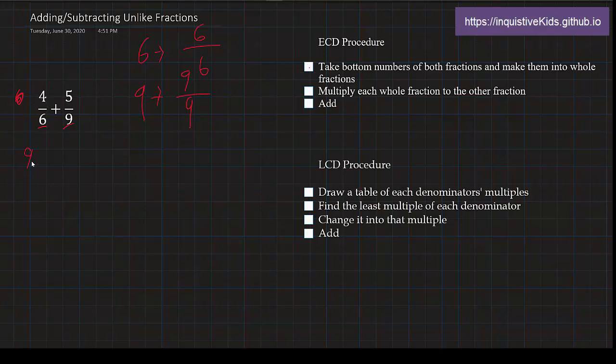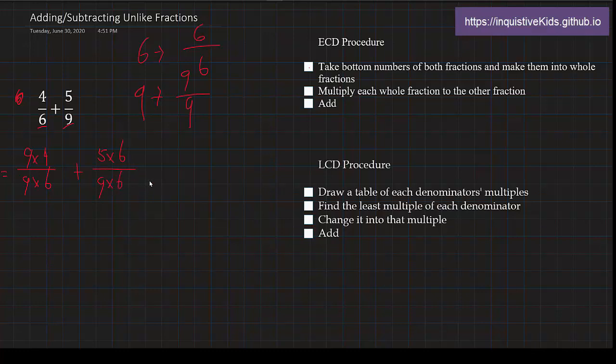So the equation becomes 9 times 4 over 9 times 6. And then, of course, we do the same with the other fraction: we move the 6 over 6 to the 5/9, and multiply them. So 5 times 6 over 9 times 6.